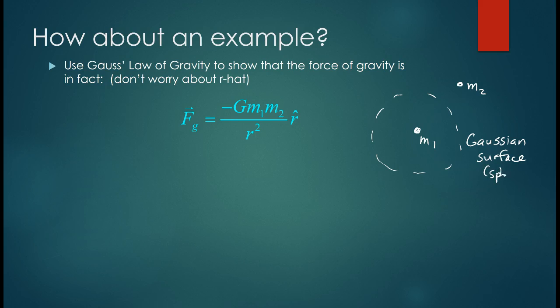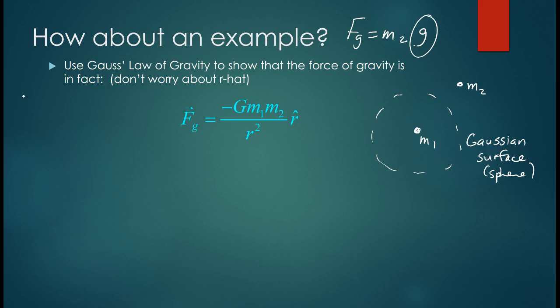And this is a sphere which is surrounding M1. And basically what we're going to do is we're going to show that the force of gravity is going to be equal to M2 times G, the gravitational field. So what we're trying to do is to solve Gauss's law for the value of the gravitational field.